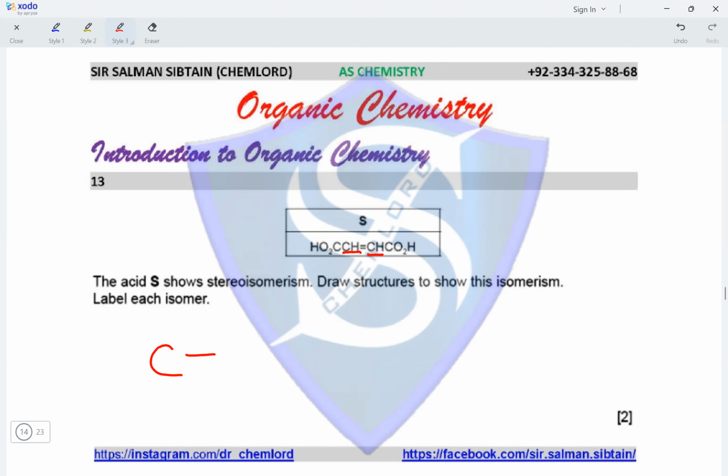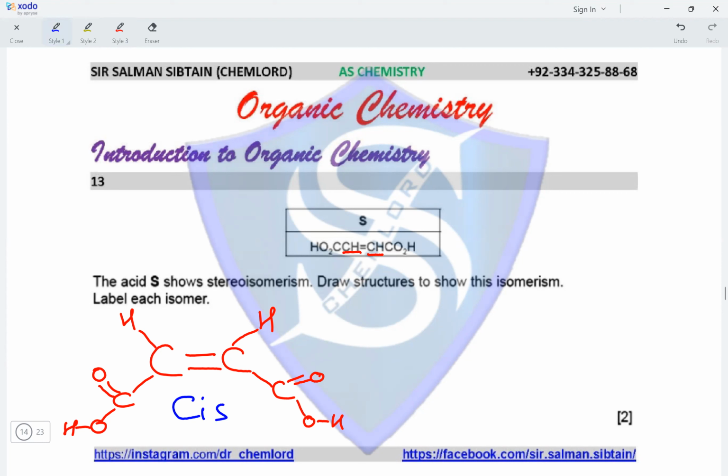So we have a C double bond C with hydrogen on one side of the double bond and C double bond O, single bond OH on the other side. So this is the cis isomer of this compound. And as for the trans isomer, we will switch the positions of the hydrogen and the carboxyl group on any one of the carbon atoms.